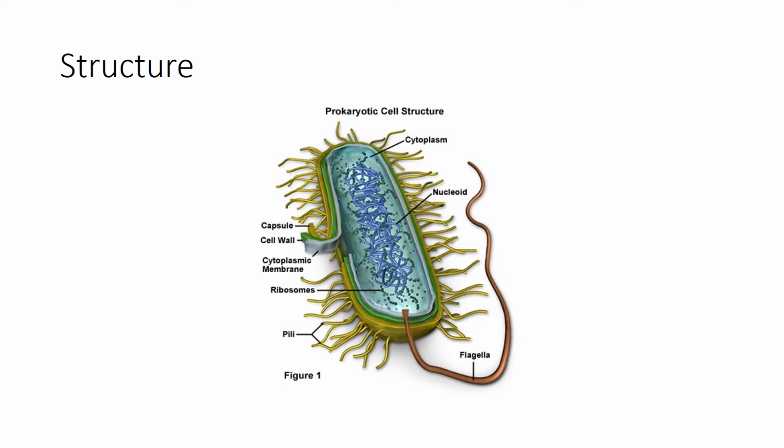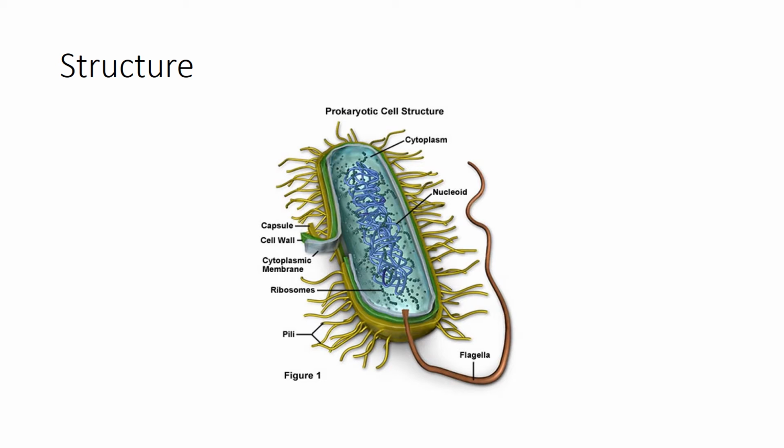Okay, this slide shows you the structure of a prokaryotic cell. What do you see here? The cell, which happens to be a bacterial cell, has no nucleus, right? It's just the paramount feature of prokaryotes. It does have nucleic acids, though.